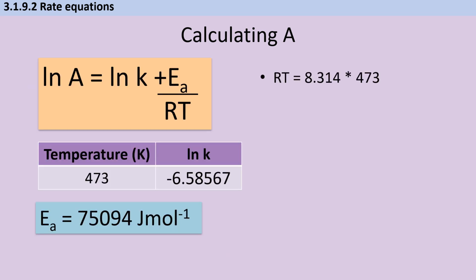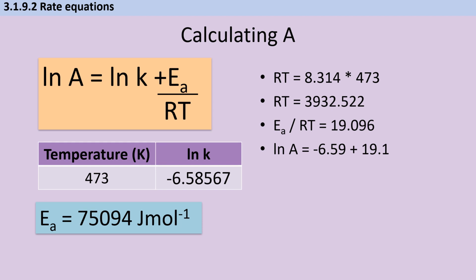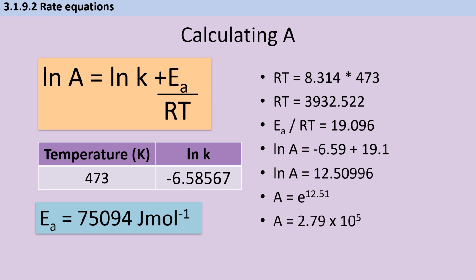By substituting in the value of the gas constant and the temperature, we get a value for RT, and then we can do the activation energy divided by that RT, and then we will be able to work out a value for the natural log of A. And then to undo that natural log, we need to do e to the power of that number, which gives us the value of A being 2.79 times 10 to the 5, and the units, remember, will be the same as the units that we were given for k.